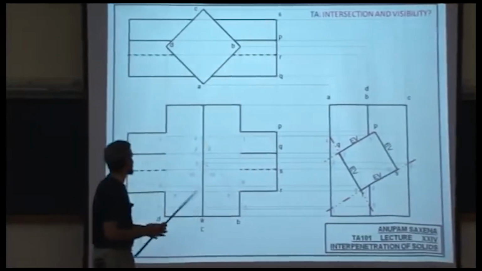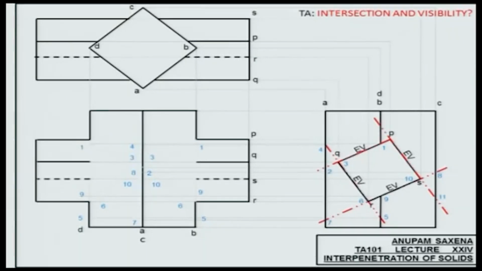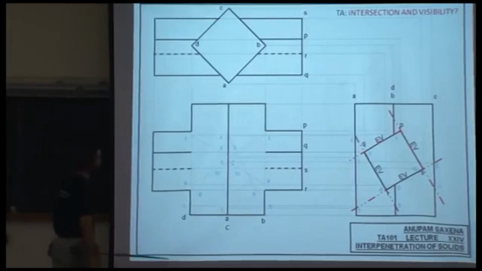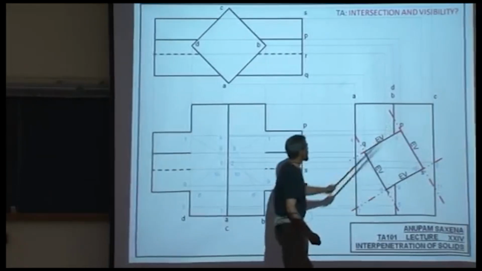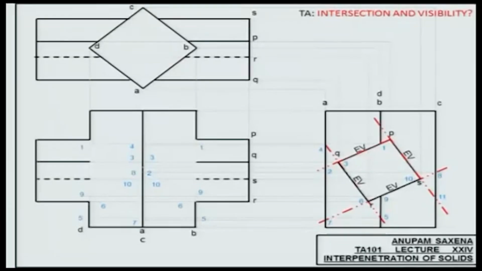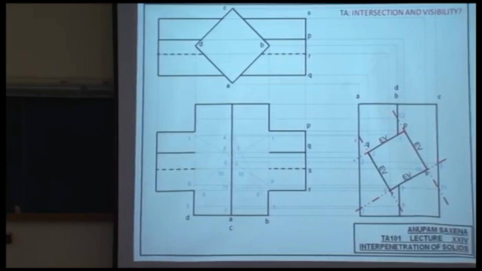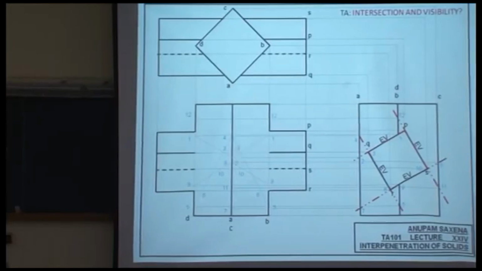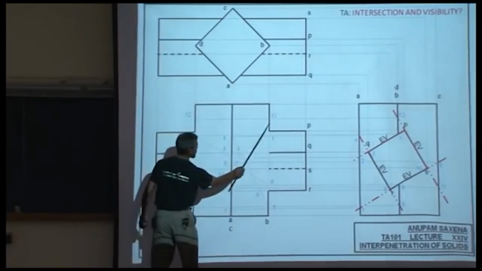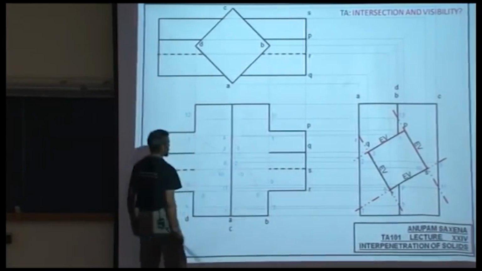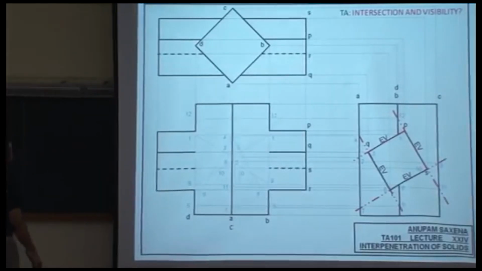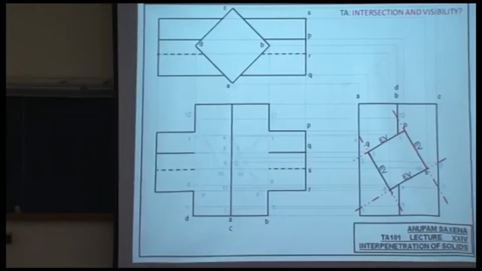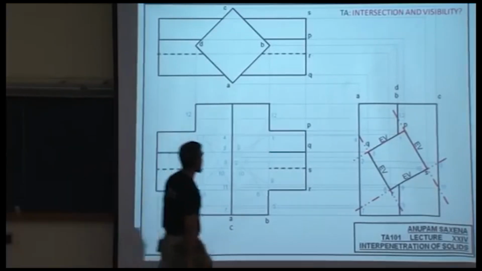And the final thing, extend PS, identify that intersection point as 11, and this one as 12. 11 is going to be lying on the back side of the vertical prism, C, and 12 will be lying on B and D. Join 11 and 12, or maybe join 10 and 12. In fact, they happen to be on the same straight line. So join 11 and 12. The actual intersection is happening here.